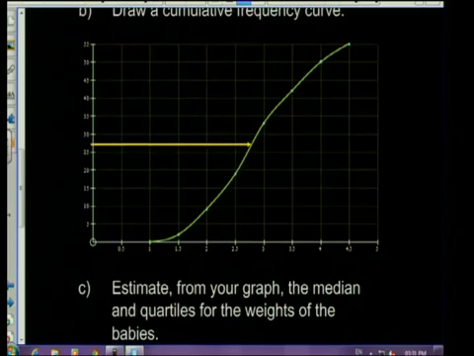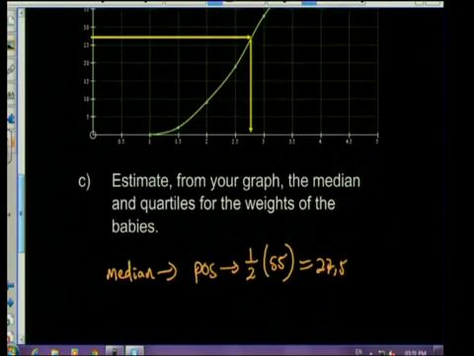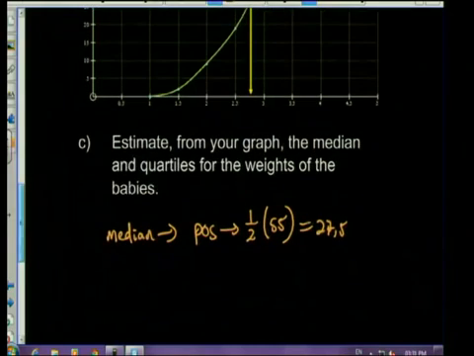So I'm reading from the y-axis where I have the number of babies to go down and find that particular value, and I can see I'm just a little bit over halfway. If someone asked me what's that value, and it was one of my students, I'd say I can accept a few values. Roughly within the region, Q2, which is the median, is roughly about 2.8 kilos.